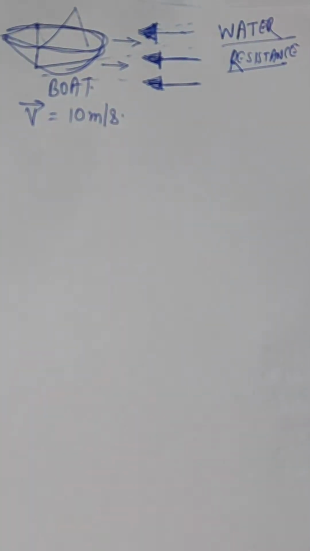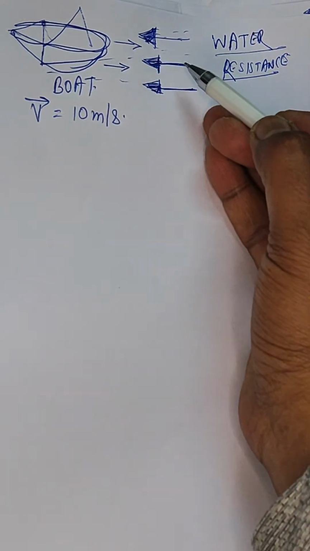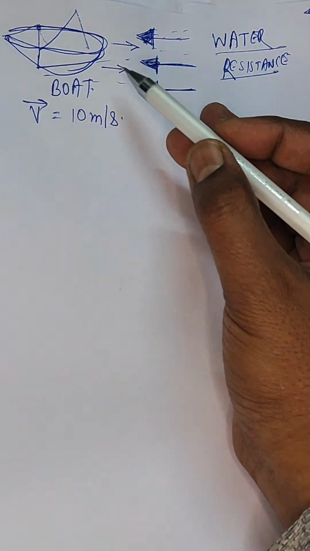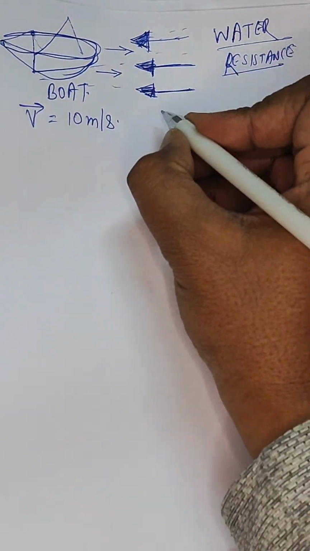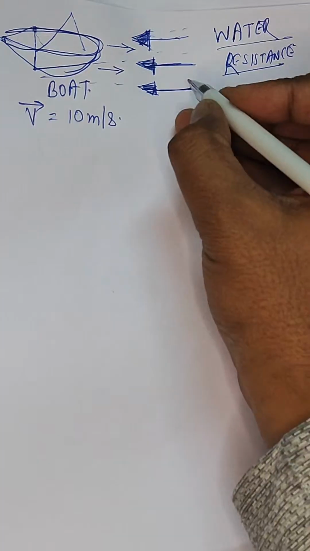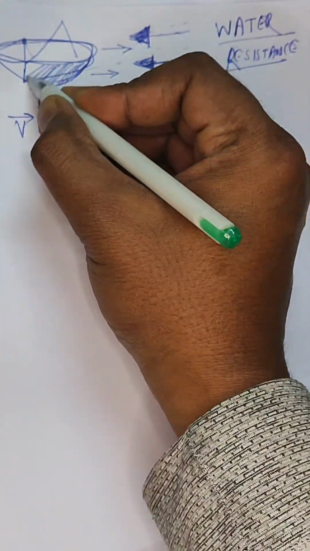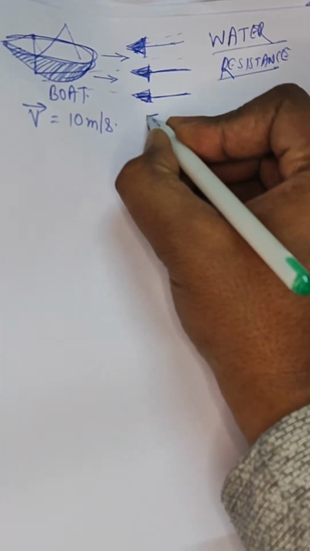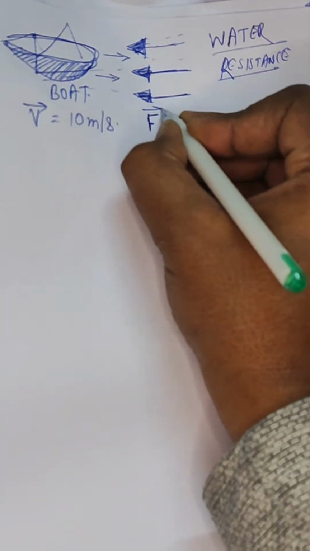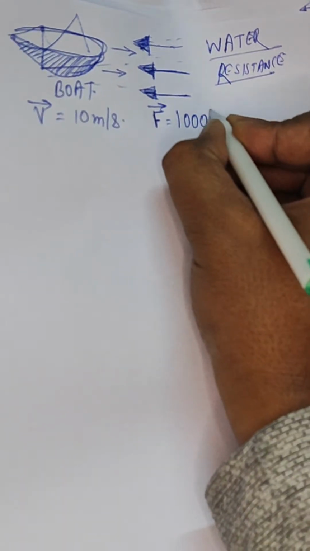Now my dear friend, the question is that when the water is resisting the flow of the boat, then the amount of resistance, some force is applied from the right direction to the direction of flow of the boat, right. Some force is applied, and that force applied by the water is equal to 1000 Newton.